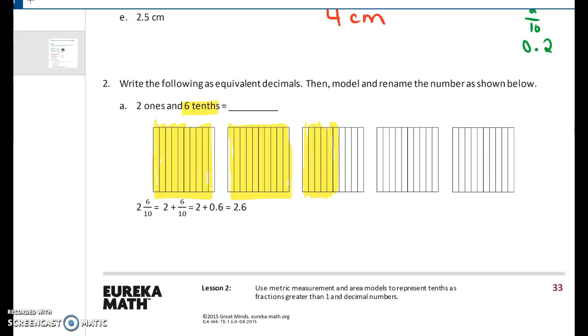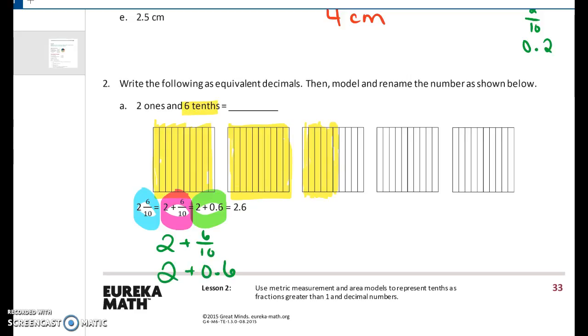Okay, so then what they've shown us is they've put 2 and 6/10, and they initially wrote it as a fraction that we're very familiar with, right? That equals 2 plus 6/10. You see it right there, yes? Then they went from there and they wrote it in a decimal addition problem. They said 2 plus 6/10 is the same as 2 plus 0.6.